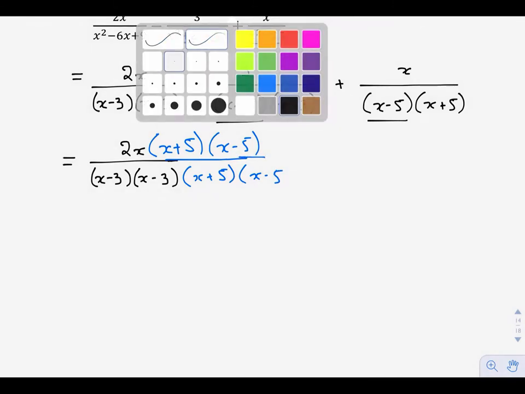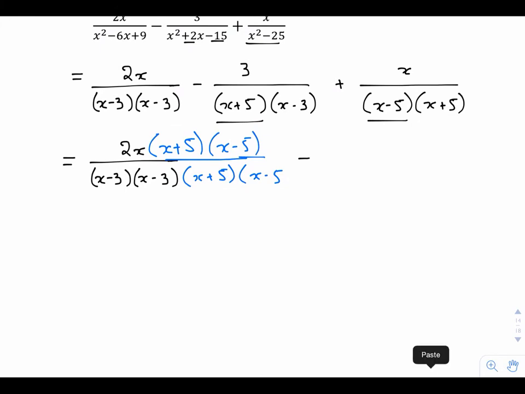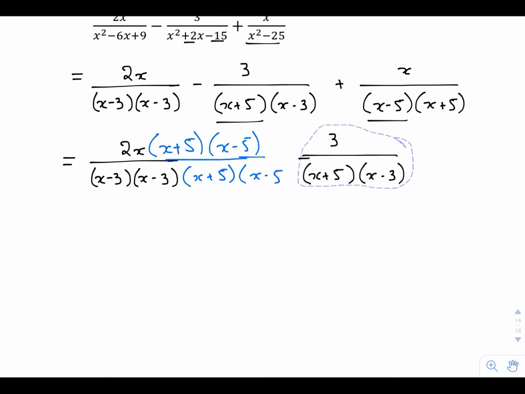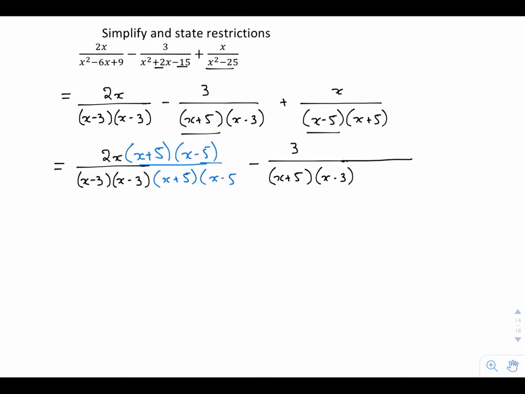And then I am subtracting this next fraction, which we'll talk about in a sec as well. So let me just copy that, paste that here. Now this fraction is missing in the denominator. I mean, it has an x plus 5 term, has an x minus 3, but it needs 2 x minus 3 terms because this one has 2, and it also needs an x minus 5 term.